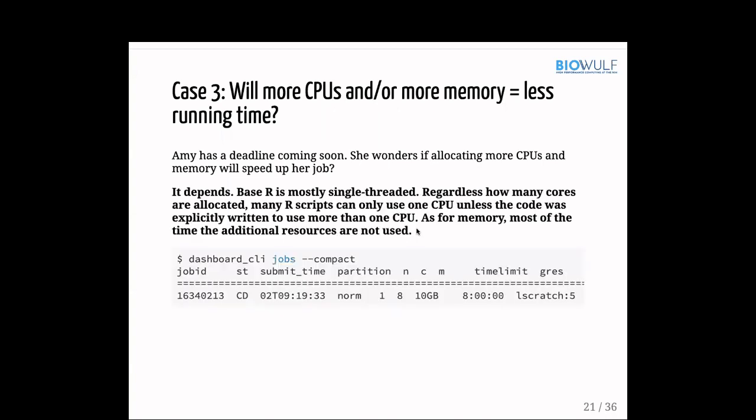Right. So as you guys guessed, it really depends. Base R is single-threaded. That means regardless of how many cores you're allocated, R can only use one CPU, unless you tell the code to use more than one CPU.